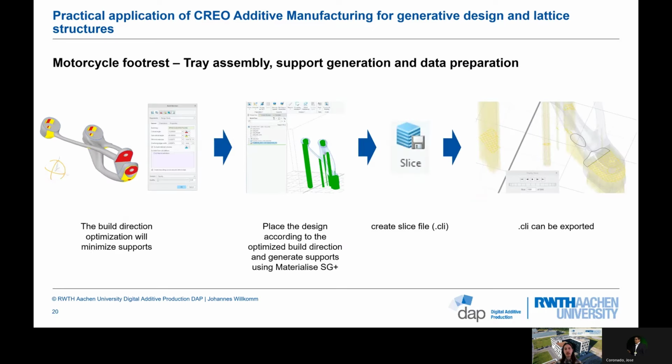The tray assemblies, support generation and data preparation, I would like to show on the generative design part. You can see on the left here the build direction optimization tool right in Creo part mode.